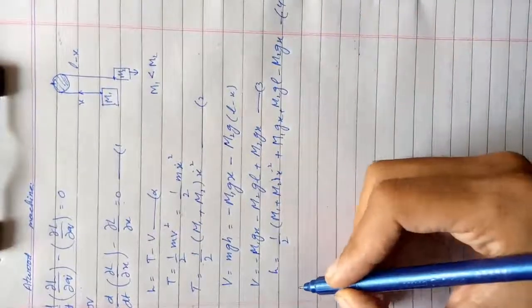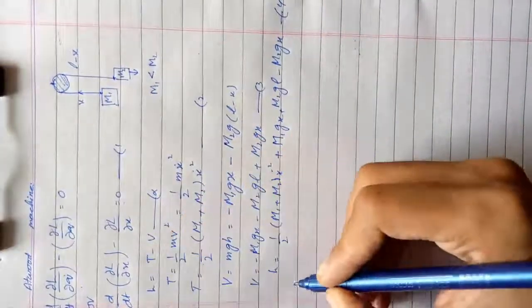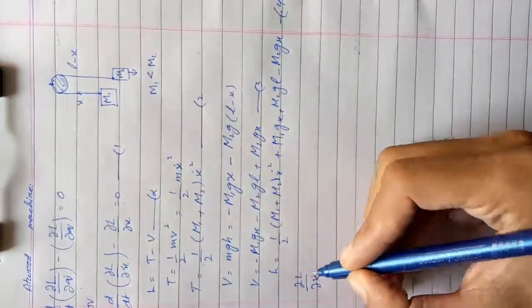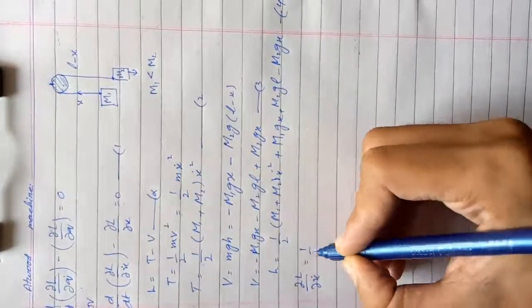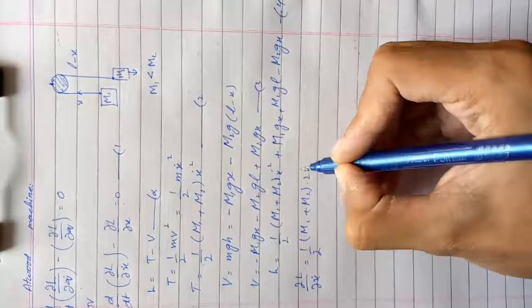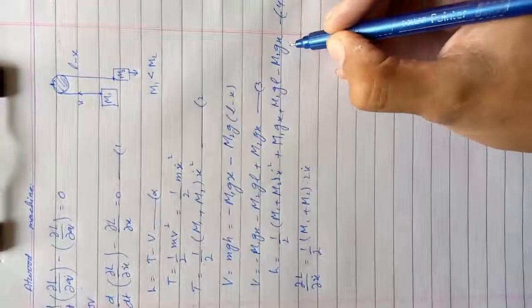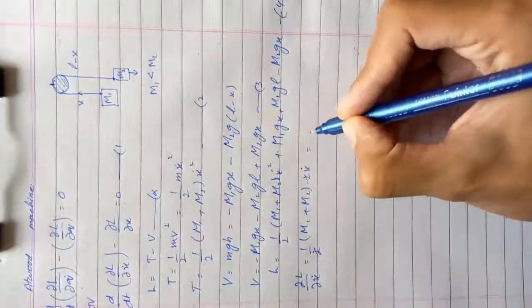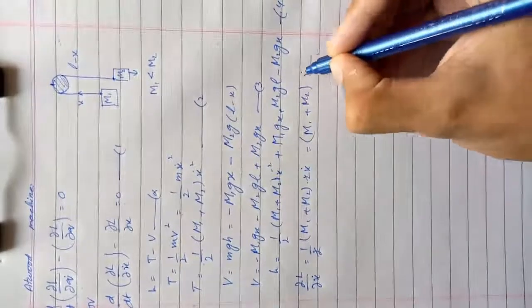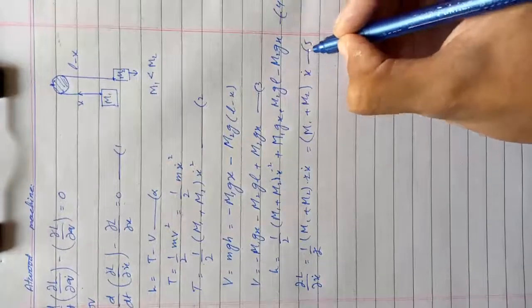Now take its partial derivative with respect to x dot, and we have partial L over partial x dot equals 1 over 2 (m1 plus m2) times 2 x dot, and the constant terms are cancelled. We have (m1 plus m2) x dot, equation 5.